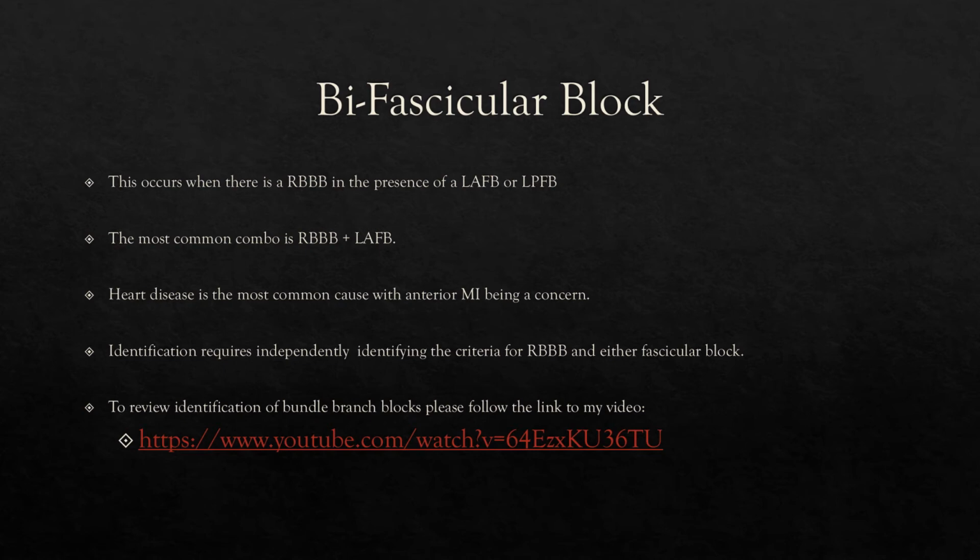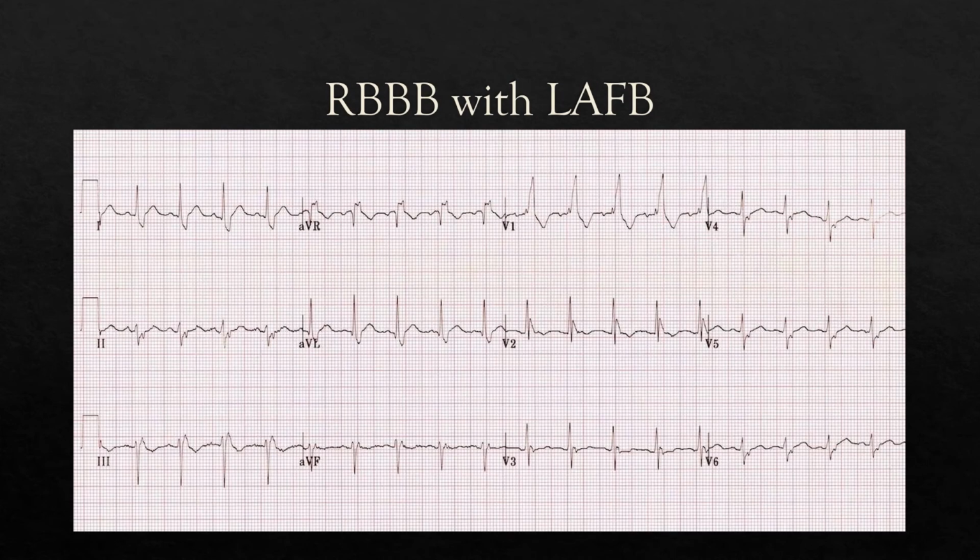Again, we'll talk about identification with acute MI in a few slides, and what that would mean to you. Now, if you don't know how to diagnose right bundle branch versus left bundle branch block, you can click on the link at the bottom there. It's a YouTube video I have on how to identify the standard presentations for both of those. Okay, here's an example.